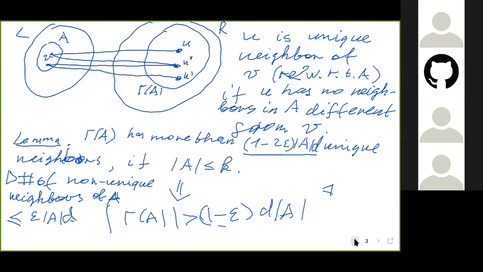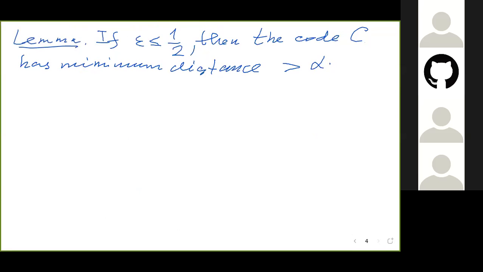Wait, what is alpha? I denoted it by k, sorry. Is larger than k. So how to prove it?